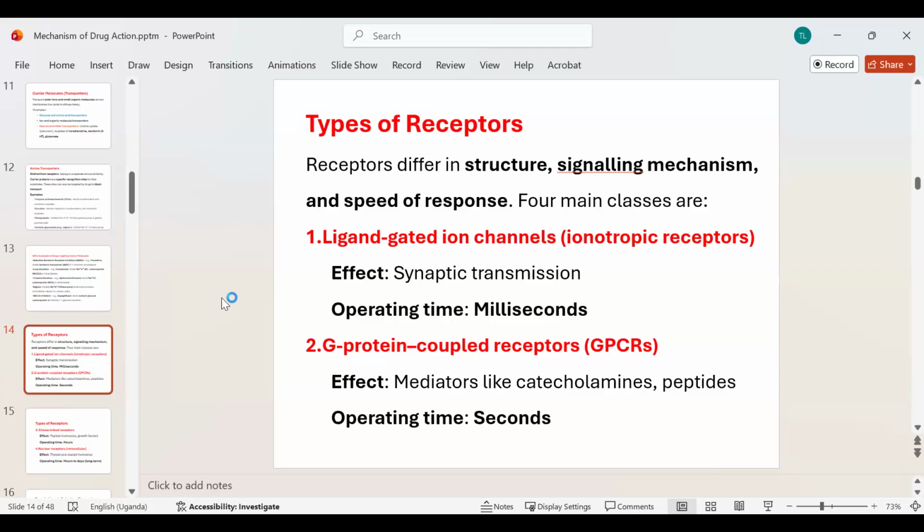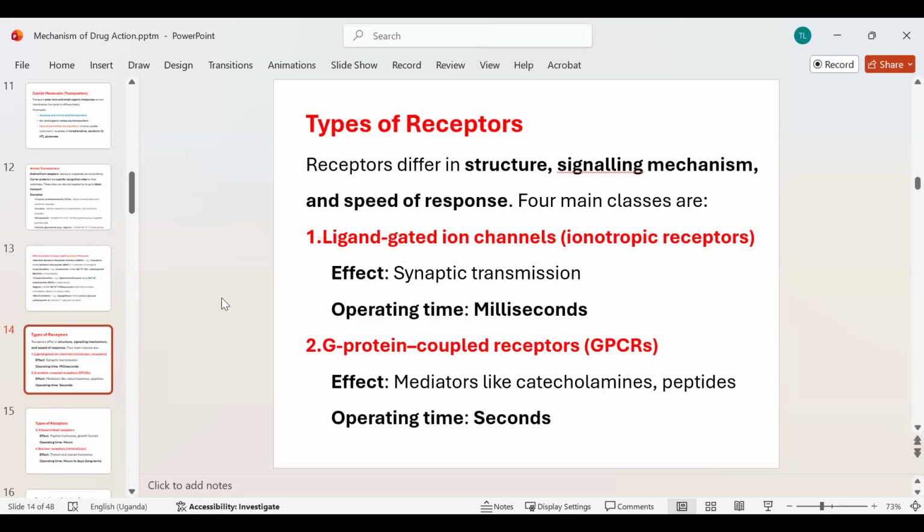I'll give an example of a negatively charged ion like chloride. Once the channel opens and chloride enters, it will make the neurons hyperpolarized, and it makes it very hard for the action potential to be fired in that neuron.